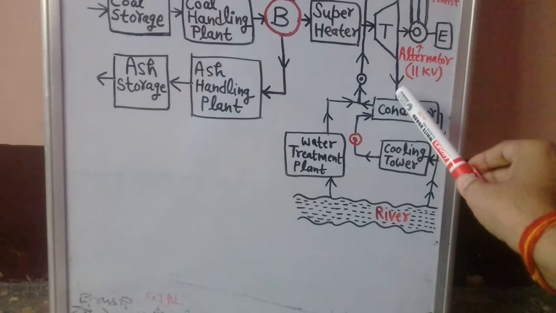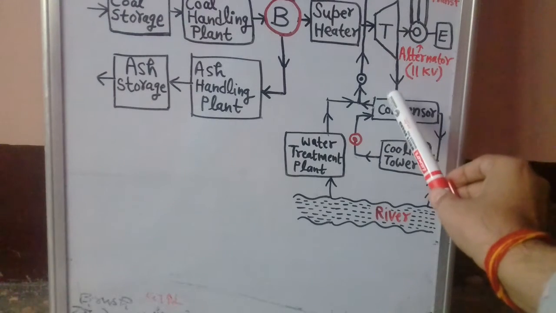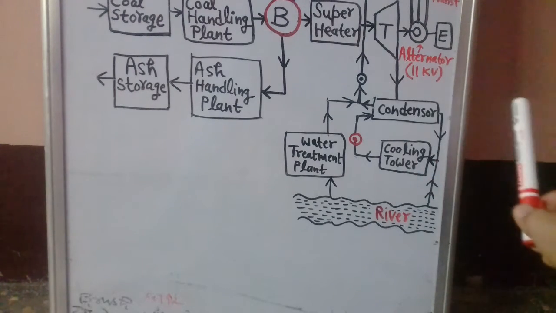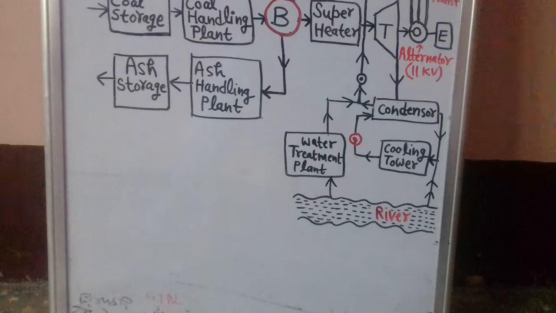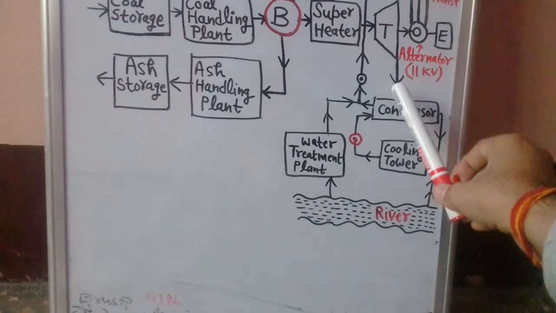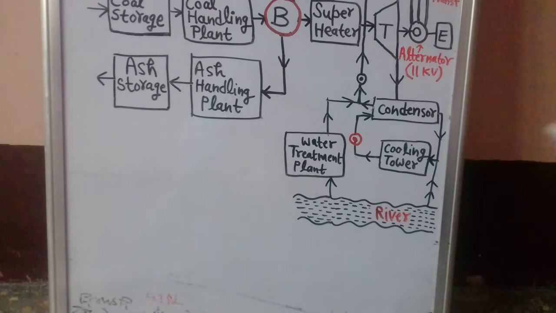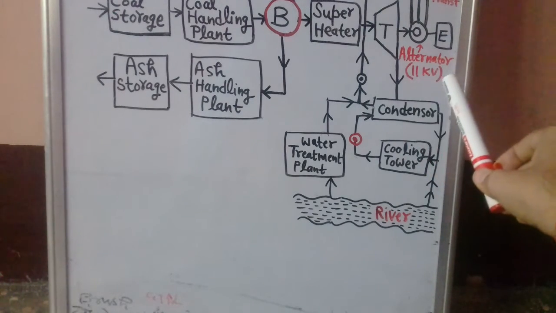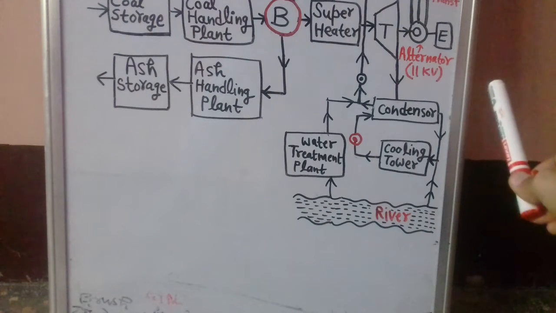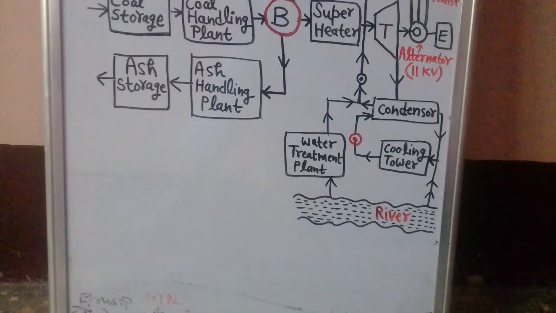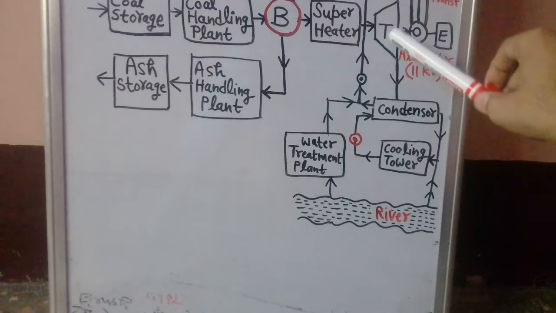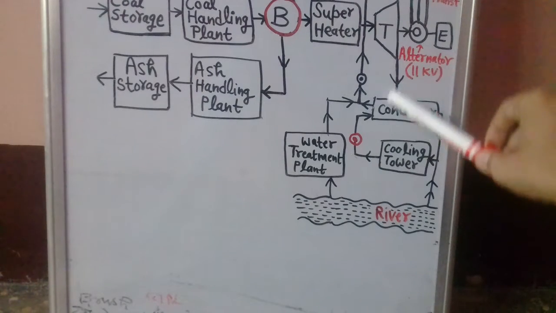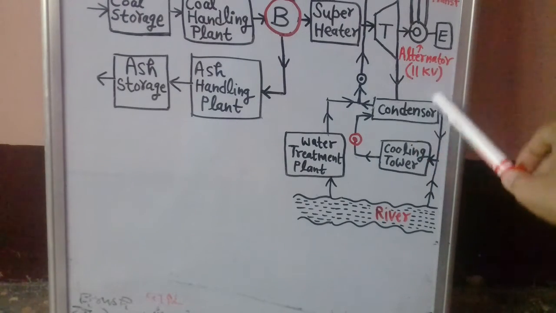If you directly release this steam into the atmosphere, it will be a complete wastage of the steam. So we will not waste this steam by directly releasing the remaining steam coming out of the turbine into the atmosphere. Rather, we will pass this remaining steam into the condenser.